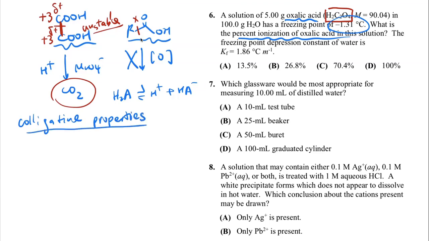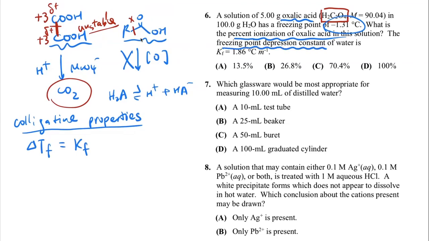So the general equation is delta T_F, the freezing point depression, equals K_F, which is the freezing point depression constant, or you can say the molal freezing point depression. That is, for 1 molal of solution, how many degrees does the freezing point decrease, right?